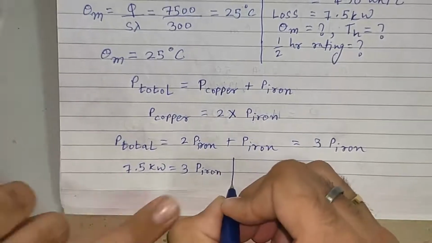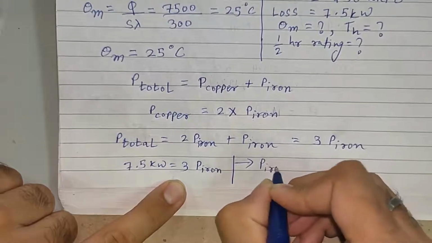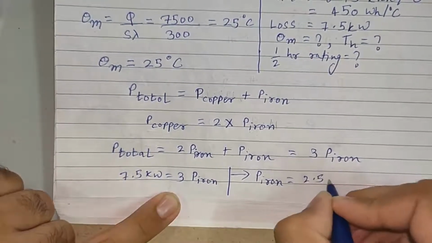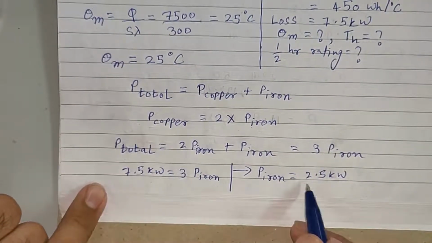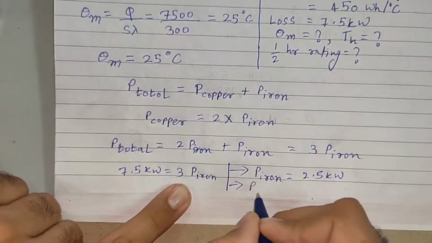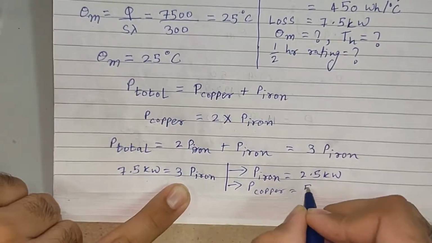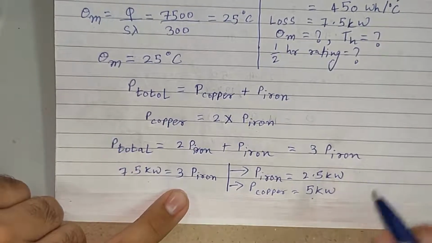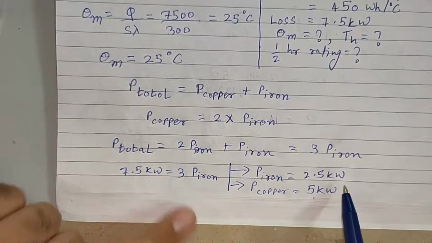So from this equation we can say that the iron losses are 2.5 kilowatt, and out of 7.5 kilowatt, if 2.5 kilowatt are iron losses, then the copper losses would be nothing but 5 kilowatt, which also satisfies our equation that the copper losses are twice the iron losses.